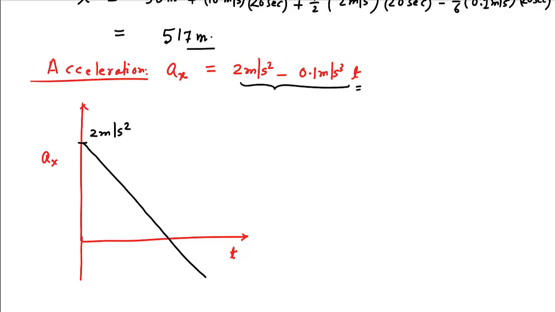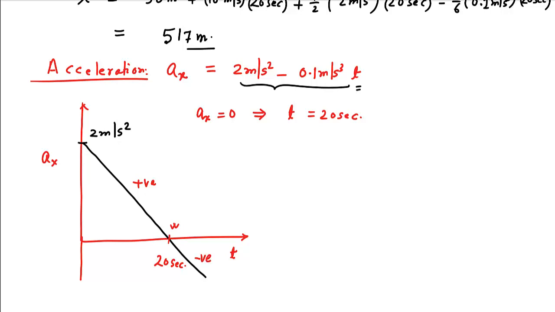An important point: we can calculate the time when the acceleration is 0. If you plug this in, you will find t equals 20 seconds. So at t equals 20 seconds, acceleration is 0. Before this time, acceleration is positive, and after this time, acceleration is negative.